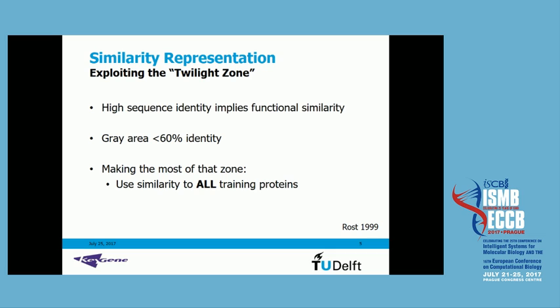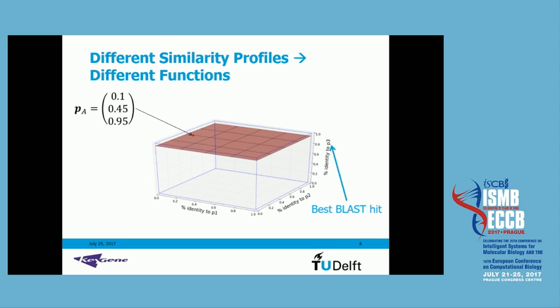And we want to improve performance specifically in that gray area, so we don't use the similarities to only the top hits, let's say, but we use the similarity to every available training protein.